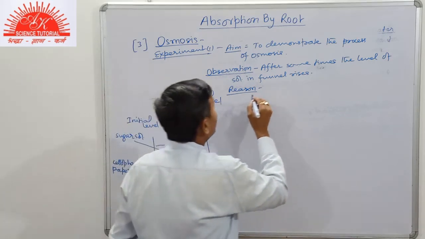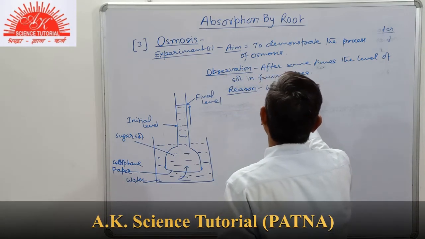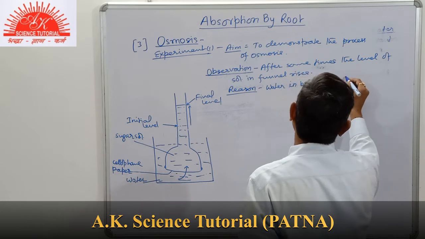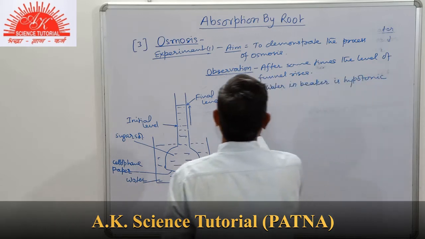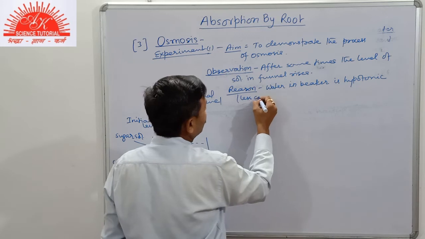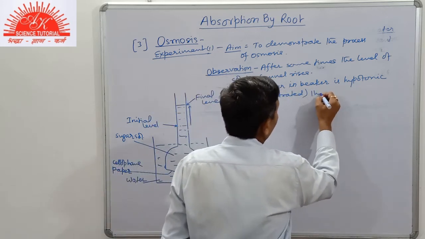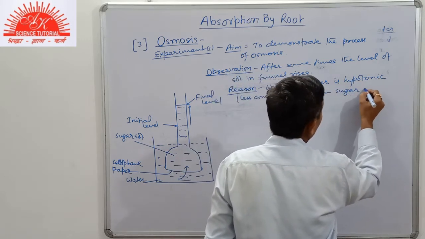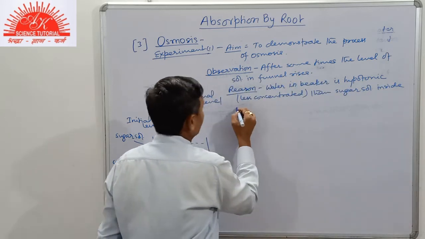So here we write that water in the beaker is hypotonic, that is, less concentrated than the sugar solution inside the funnel.